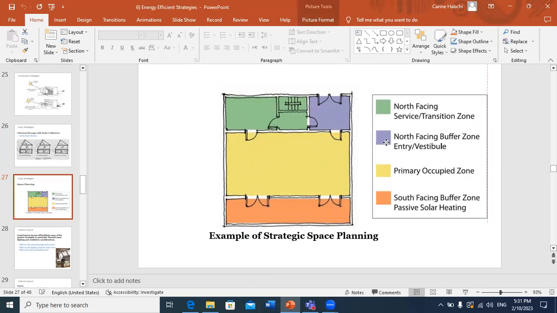On the other hand, we can create just a north facing buffer zone, while the primary occupied zone will be at the middle to reduce the heat losses through the envelope. And the south facing buffer zone will be subjected to passive solar heating because the south face is exposed to the large hours of sun during the winter season.